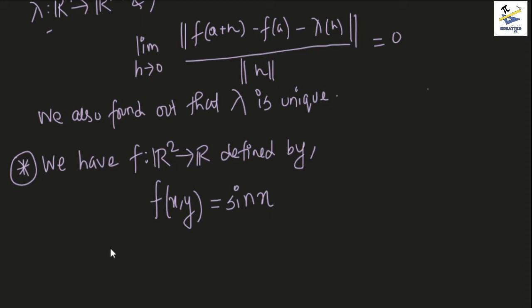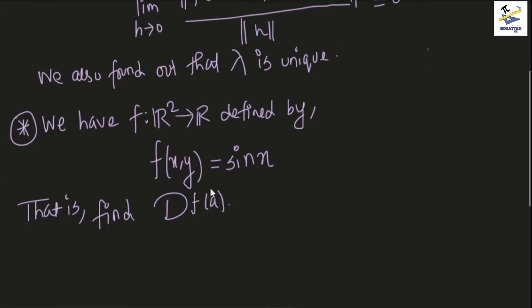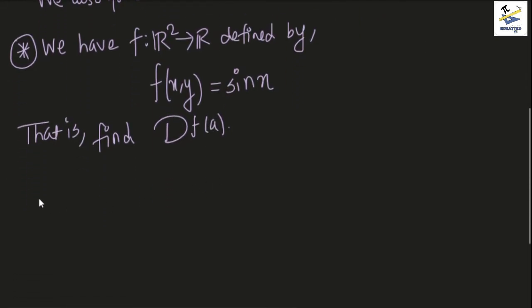Now we are required to find the derivative at a, that is, we have to find this quantity, the derivative of f at a. Now notice that whenever you have a function from higher dimensions, the derivative is not really a single number as in the case of one variable calculus, right?